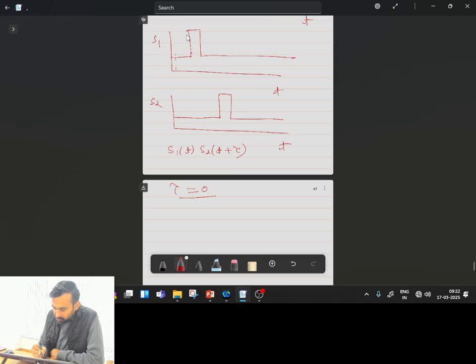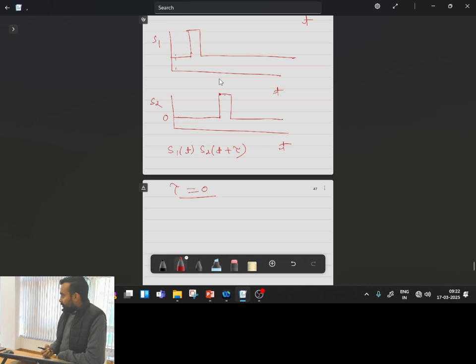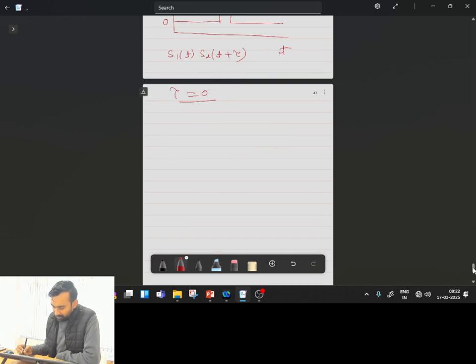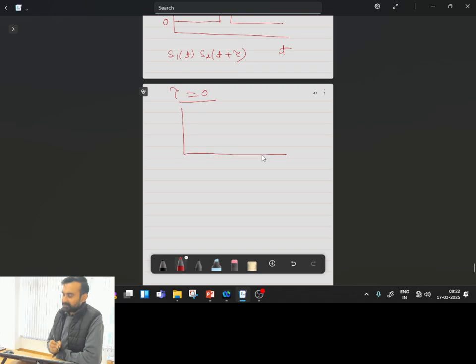At this point S1 is positive but S2 is 0, so this product will become 0. If I go further, then at this point S2 is positive but S1 is 0, so ultimately again their product will be 0. So when tau is 0, the multiplication and sum of their products is equal to 0.